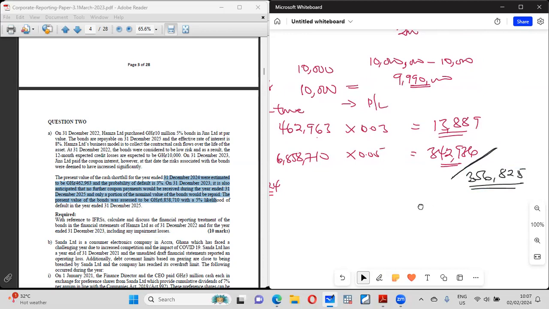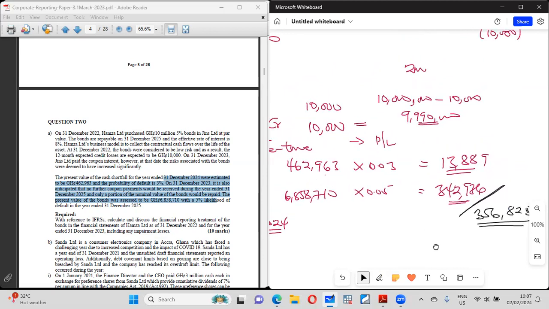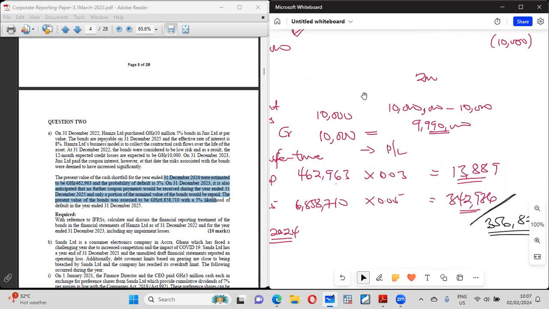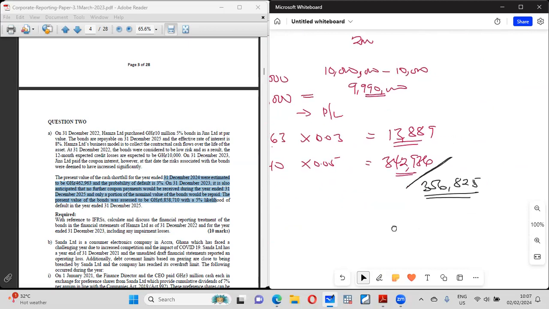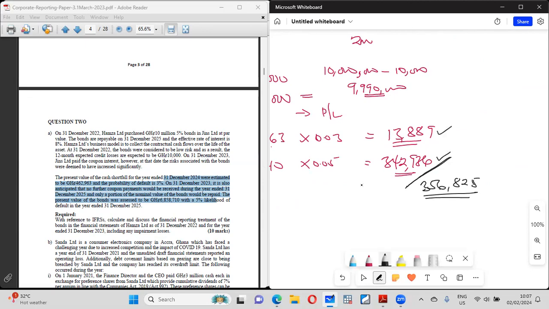So this is what you're going to do. If you want to calculate your interest income, you have to take your 10 million and you minus this total, the lifetime expected, because right now it is not 1 year again, it is lifetime. This one was for this year, and this one was for the other years, making it the lifetime. So this one is the lifetime.